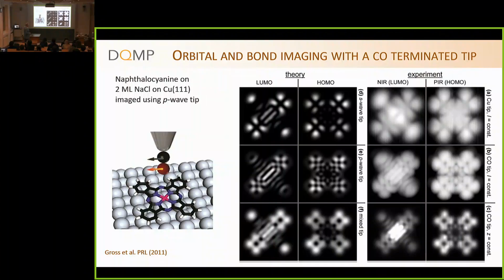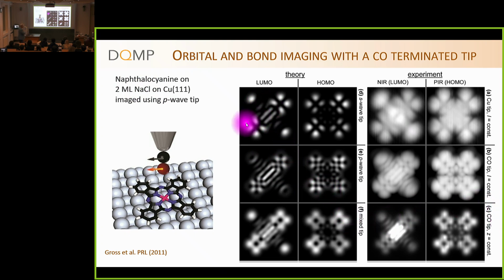Another famous example, and that's where I said we start to see also the sticks from the ball and stick model. Here what they did is attach a CO molecule to the tip, and by this they can... this is a naphthalocyanin molecule on a 2 monolayer thin sodium chloride surface, which itself is on copper 111.